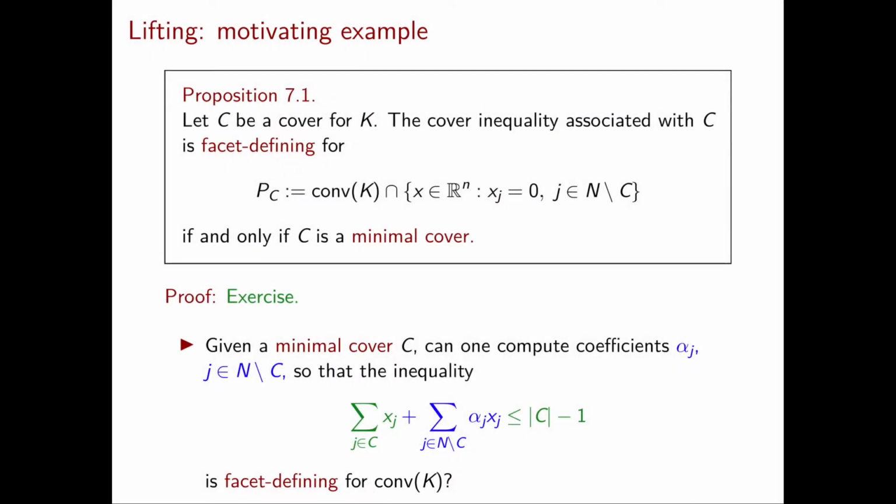We will see that the answer to this question is yes, but in order to get there, I want to do things more generally and not just for knapsack sets and minimal covers.